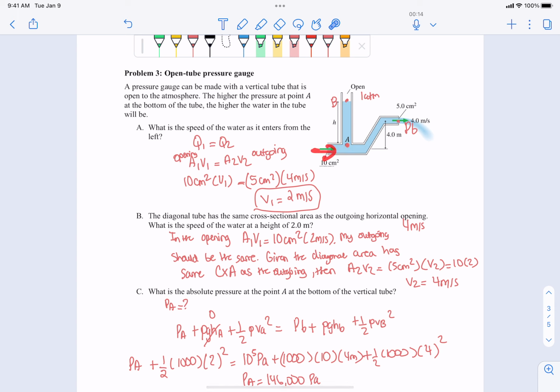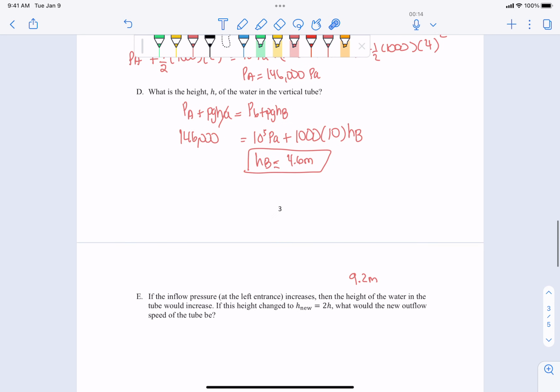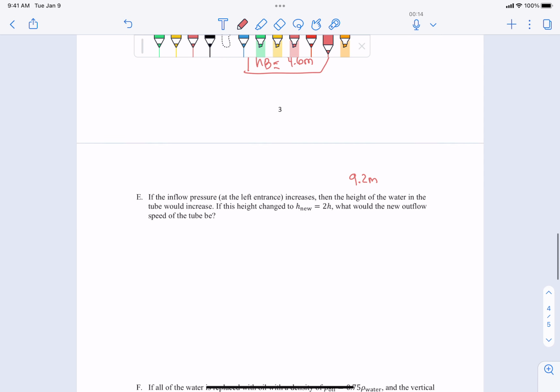Because if this inflow pressure increased, then this pressure right here is going to change as well, right? So I want to figure out what the pressure is at A when I already know that the pressure at B is atmospheric pressure, and that the height is doubled. So I can just do PA plus ρgHA again is equal to PB plus ρgHB.